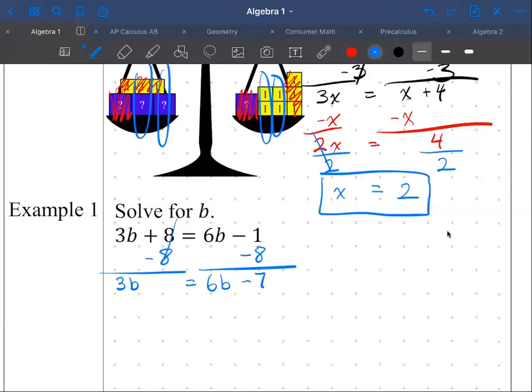Okay, there is a tiny little error in here. And if you can find it, Haiti, that would be great. And if not, someone else might be able to find it. The 3b and 6b are fine. It's something to do with right here.